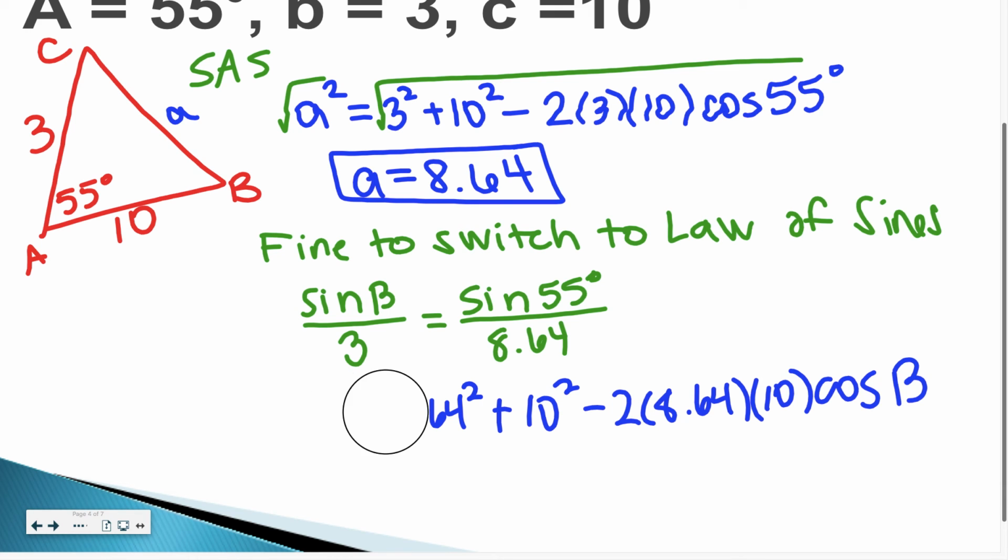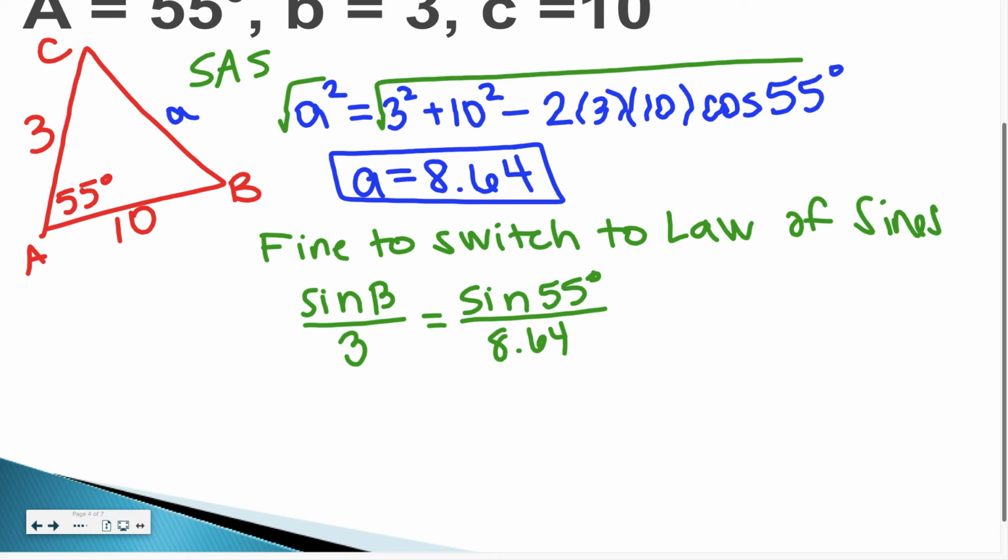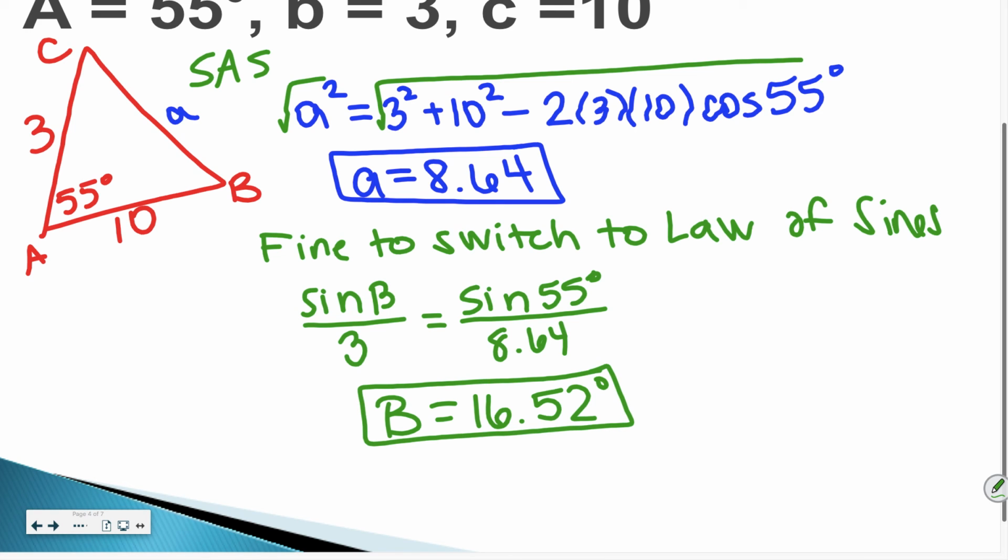Ethan, what do you get when you switch, when you do the inverse sine of all of that? 16.52. And now we have two angles, right?